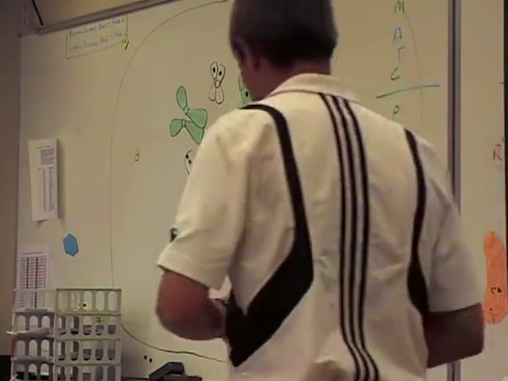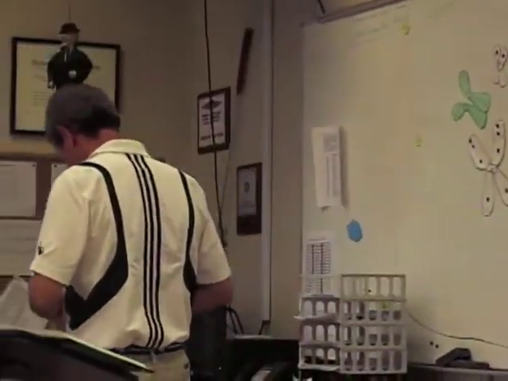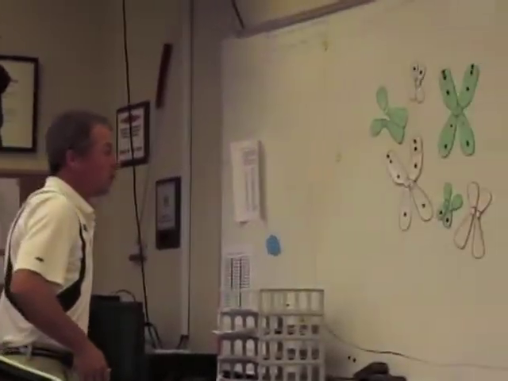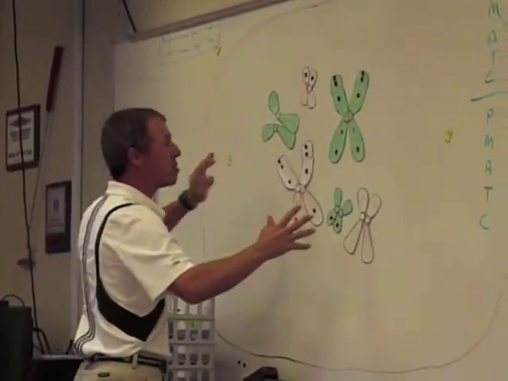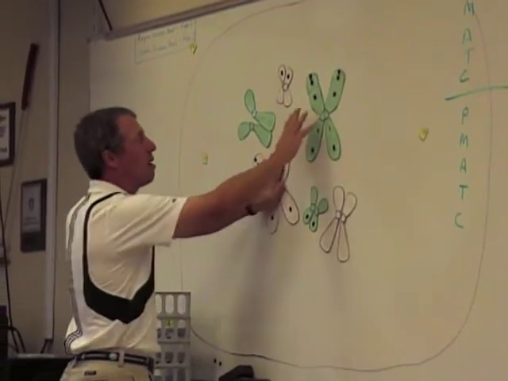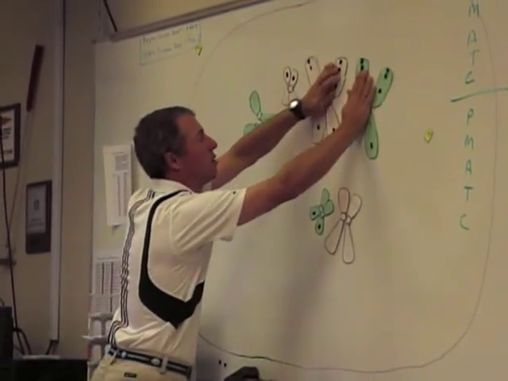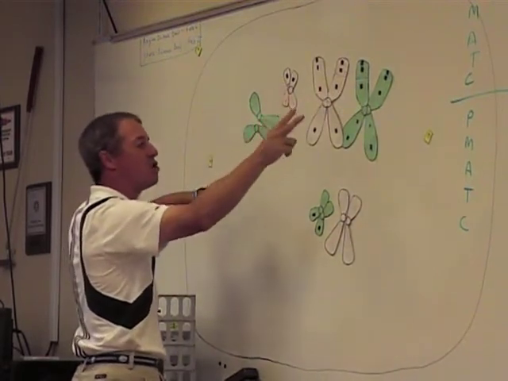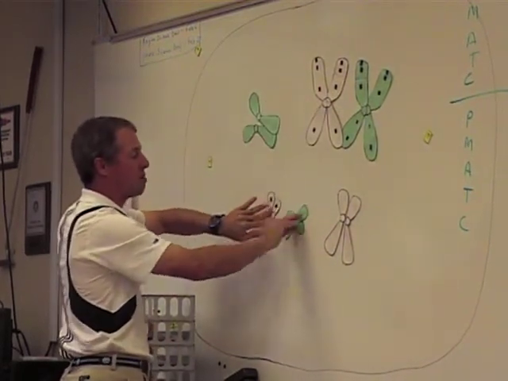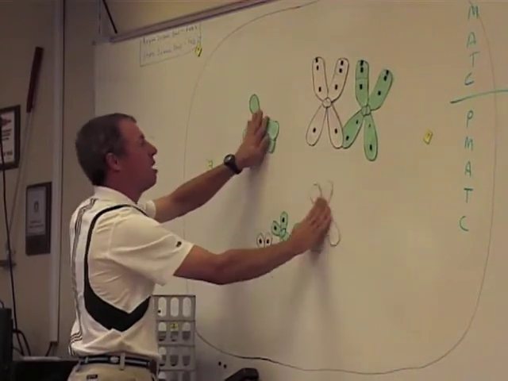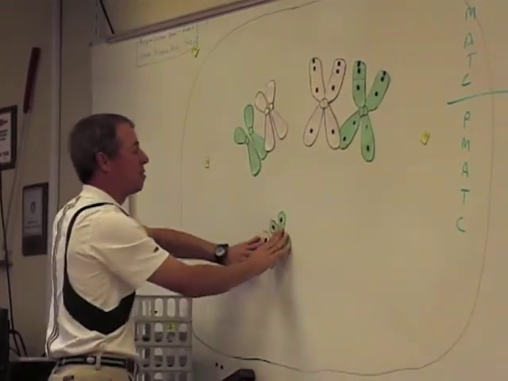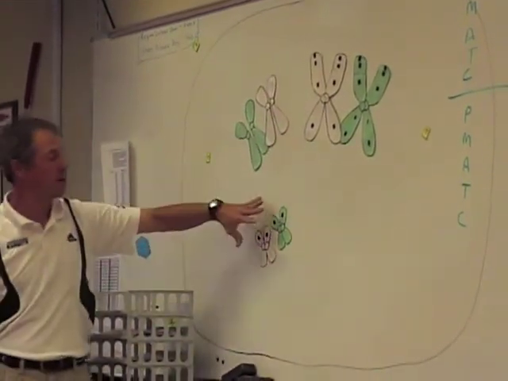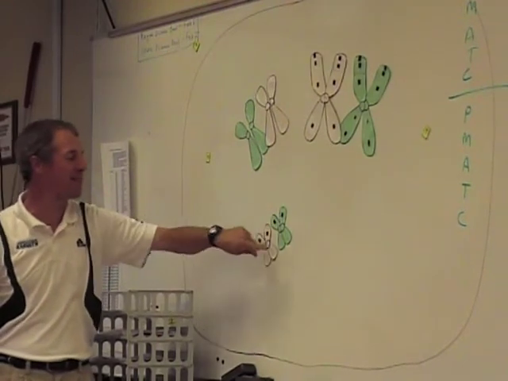The homologous chromosomes will come together and exchange. What's that called when I find that pair? This is called a bivalent.